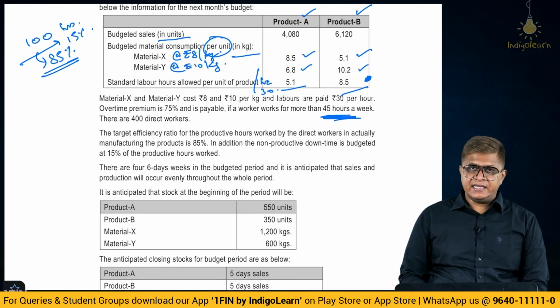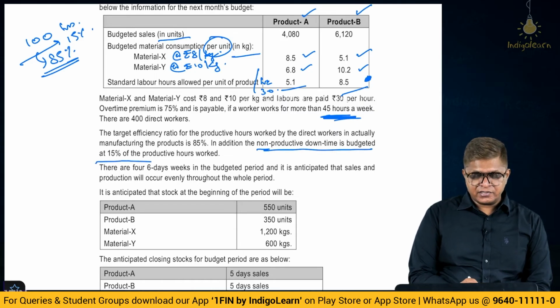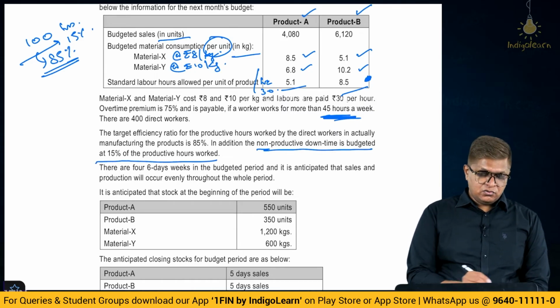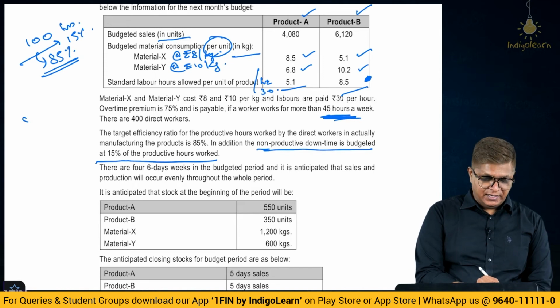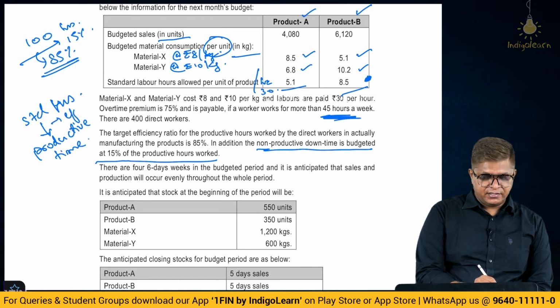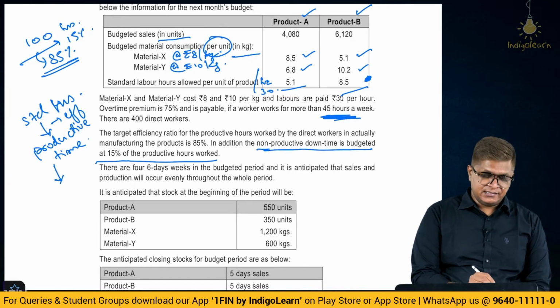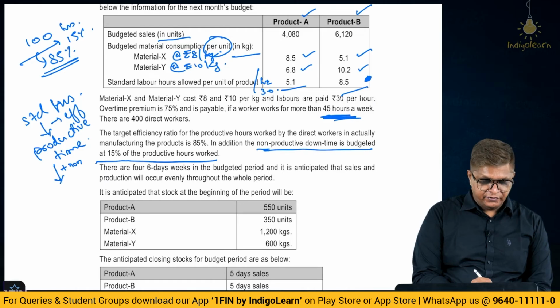Additionally, in addition to the non-productive downtime, which is budgeted at 15% of the productive hours worked, we will have to find out the standard hours required. This we will have to translate to productive time by incorporating the efficiency ratio that is there, and this productive time we will have to further increase by adding the non-productive time to arrive at the total time.